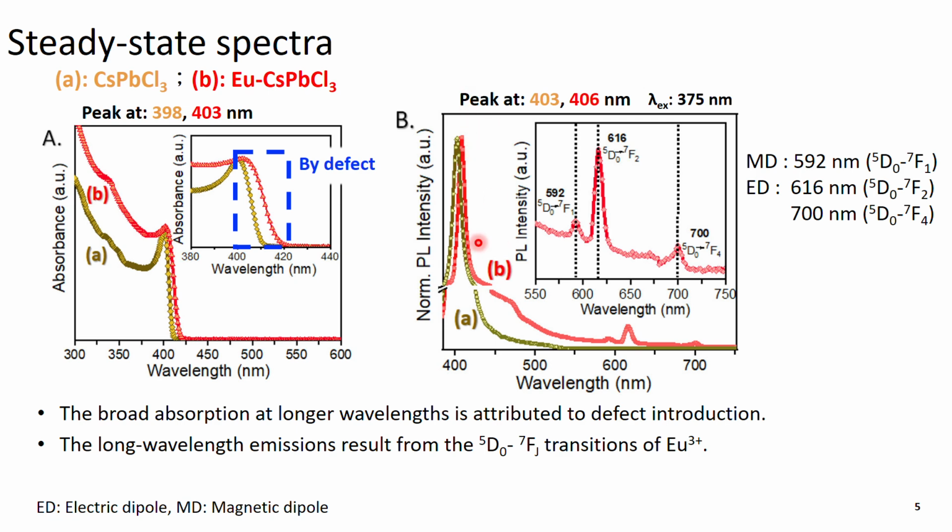The yellow line's emission peak is at 403 nanometers, and the red line is at 406 nanometers.